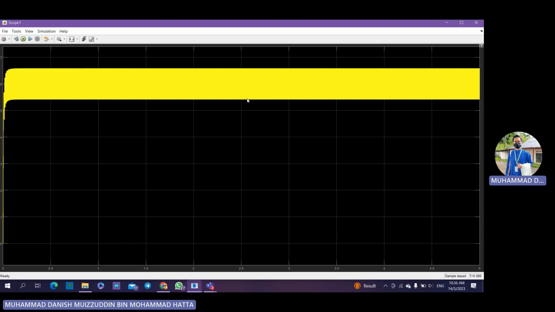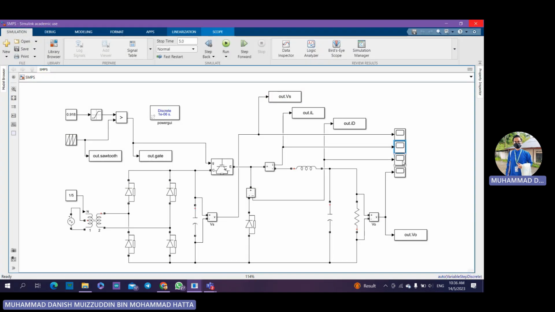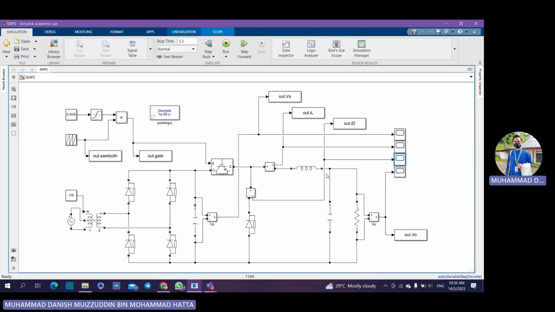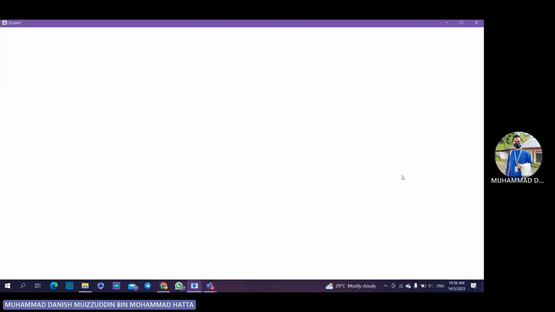This is IL, which is for inductor current, and then we go to diode current. So diode current will be like this, and then the last one, the most important, is V out. So this is the V out graph.